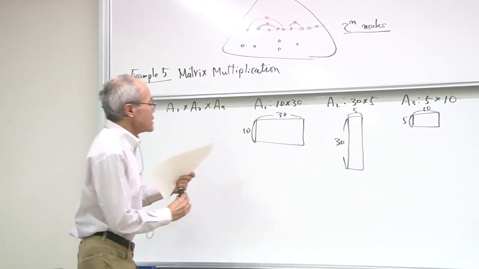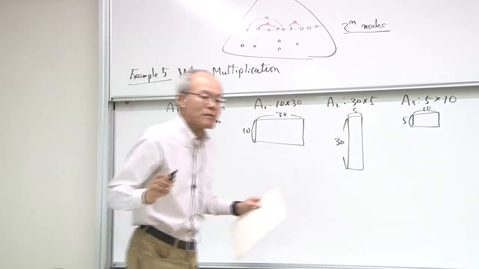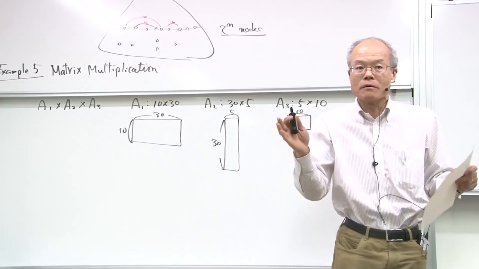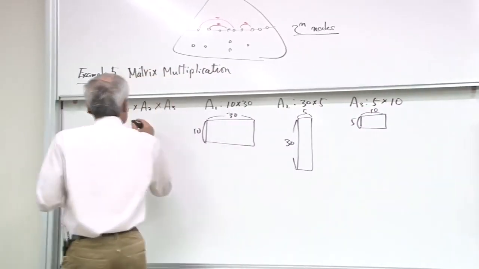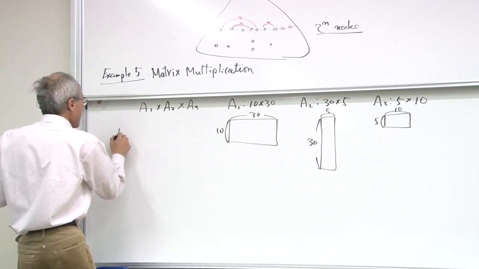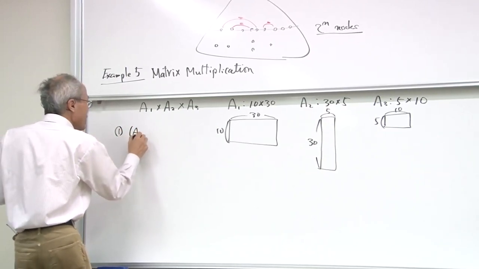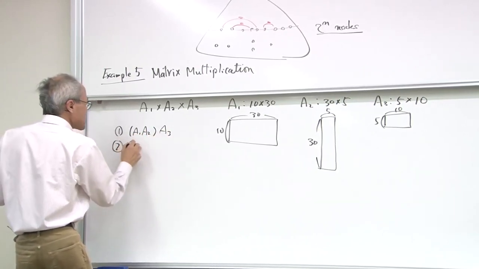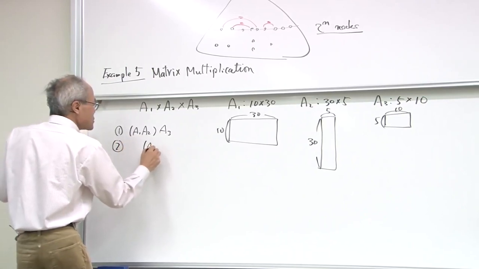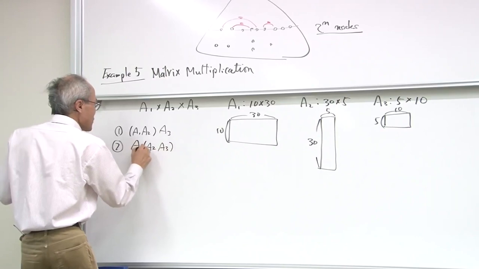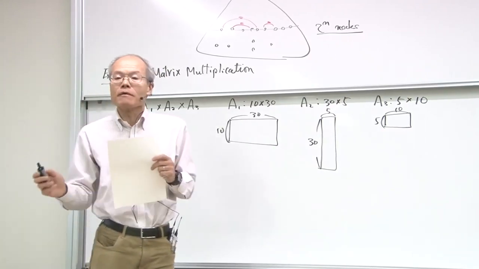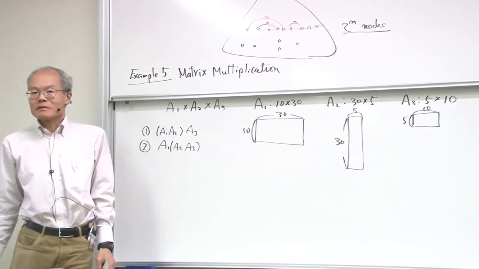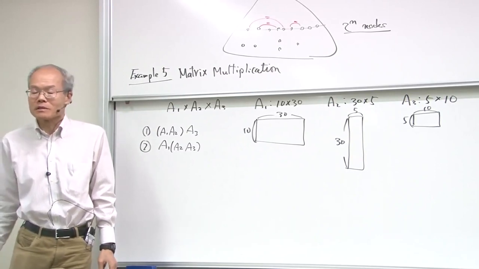We have two different ways, because for matrix multiplication the associative law holds. Number one, we multiply A1 and A2 first, then A3. Number two, we first multiply A2 and A3, and then A1. We can get the same answer. It's the same answer, but the amount of work is surprisingly different.